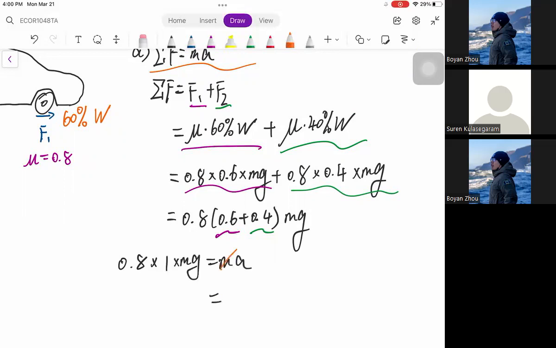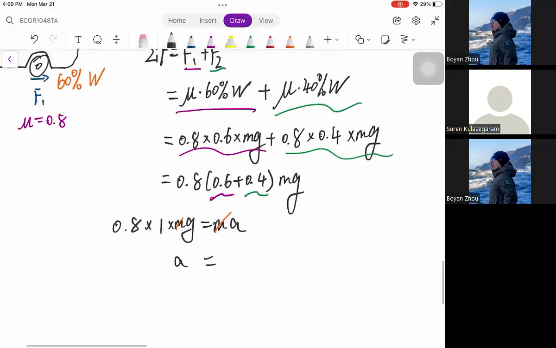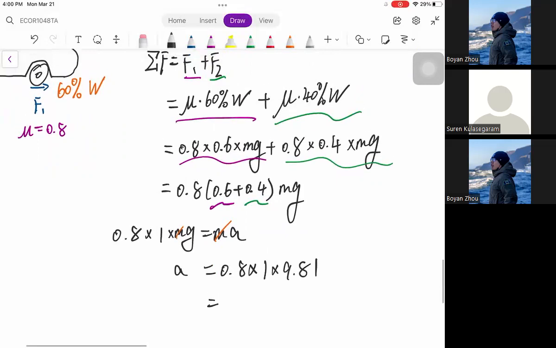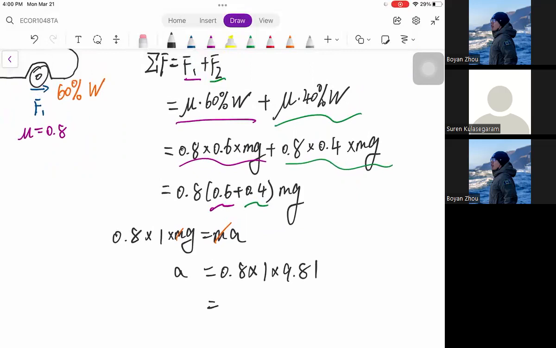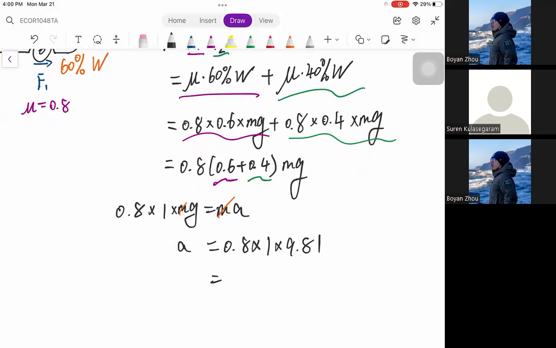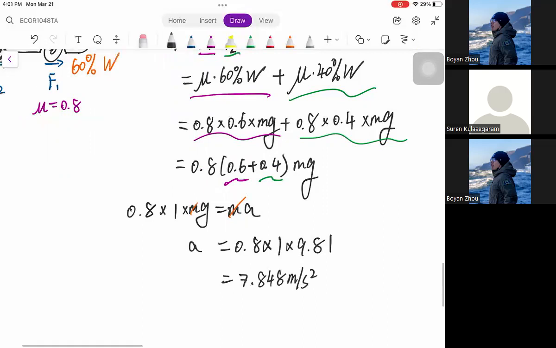Then you can see the mass cancels out, and the acceleration a is equal to 0.8 times 1 times the gravitational acceleration. The unit doesn't really matter, so just go with SI units. That is equal to 7.848 meters per second squared.